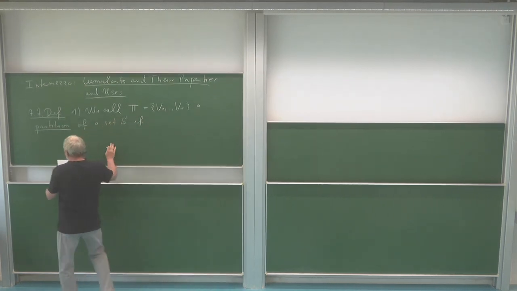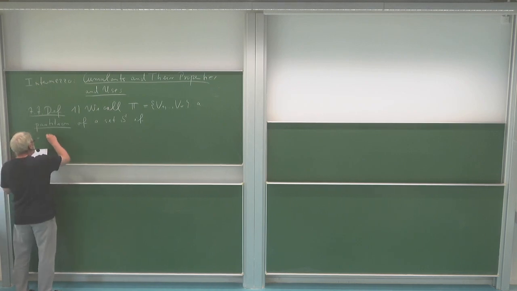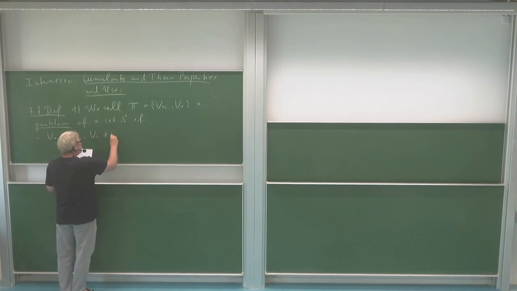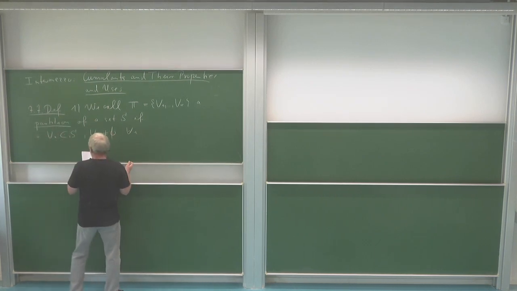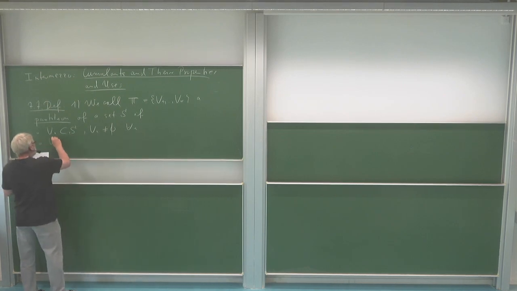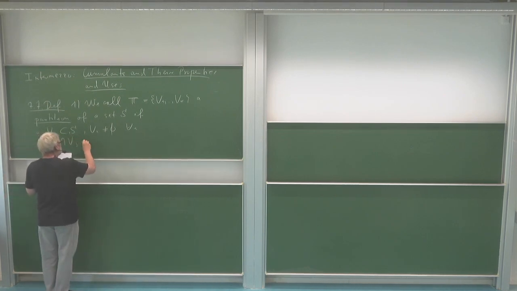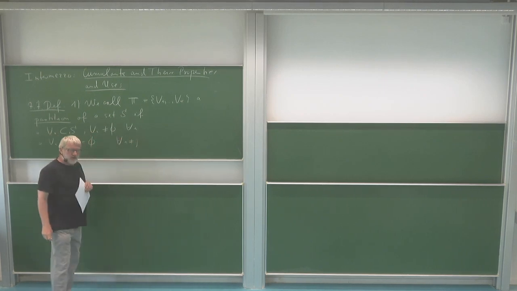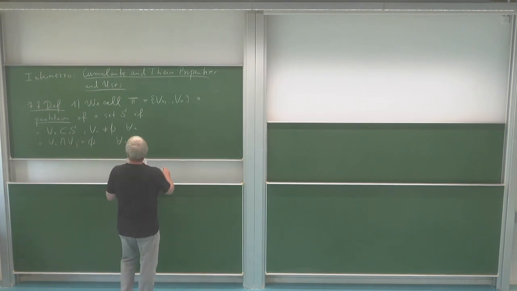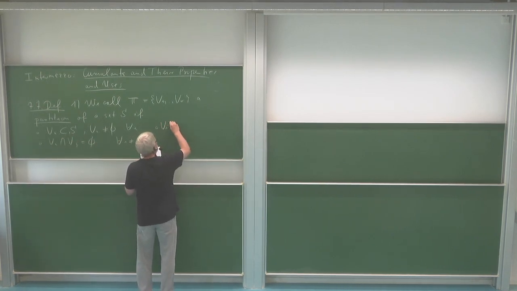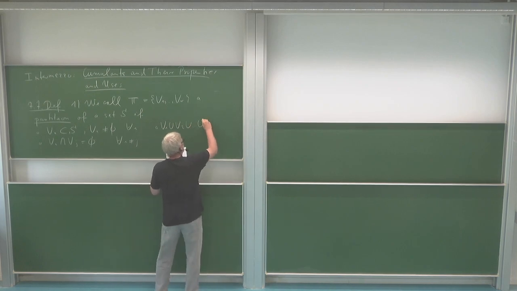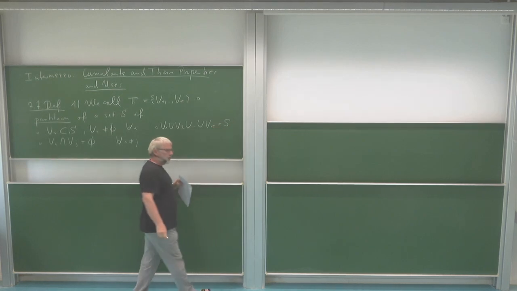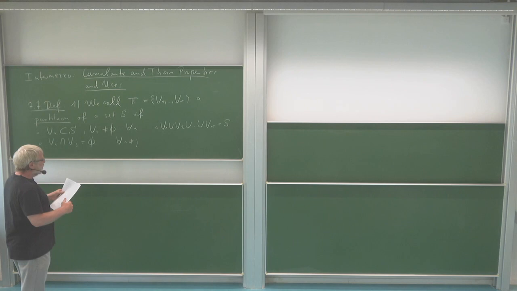So the Vi's, of course, should be subsets of S, and they should be non-empty. So all of them are non-empty subsets. Then they should be disjoint. So Vi and Vj: the intersection is the empty set whenever i is different from j, and together they should just give the whole set. So the union V1, union V2, union, and so on, up to Vr, I have here r of them, is S. So I write S as a disjoint union of subsets.